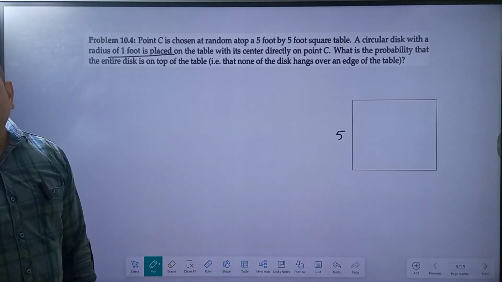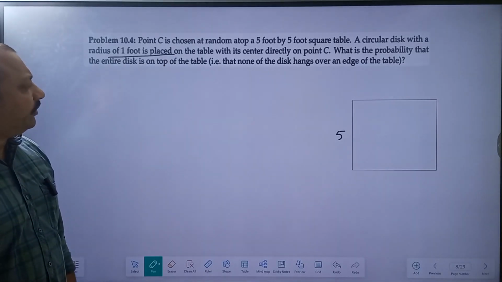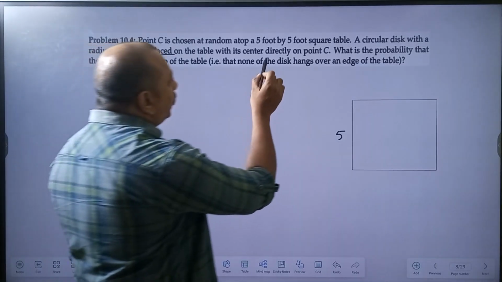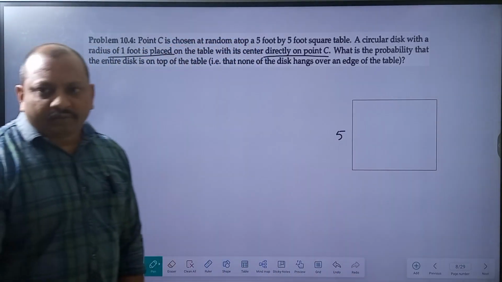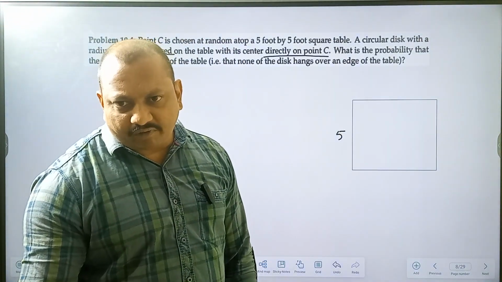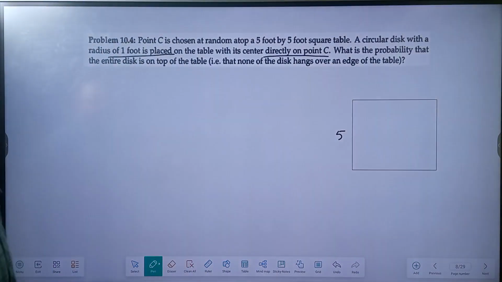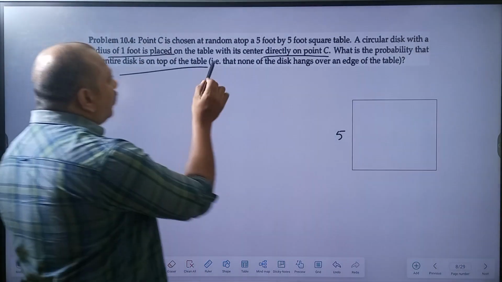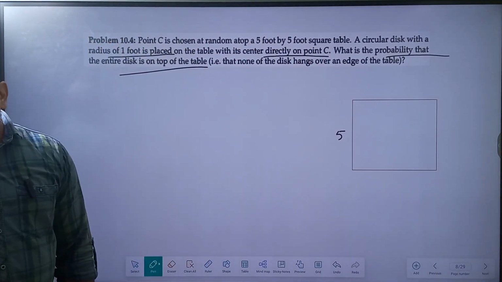A circular disc with a radius of 1 foot is placed on the table with its center directly on point C. What is the probability that the entire disc is on the table?